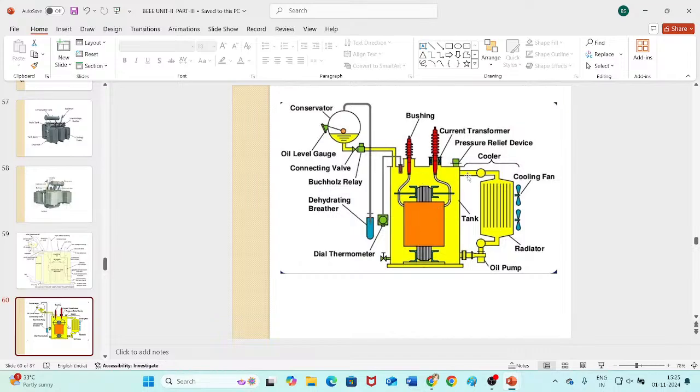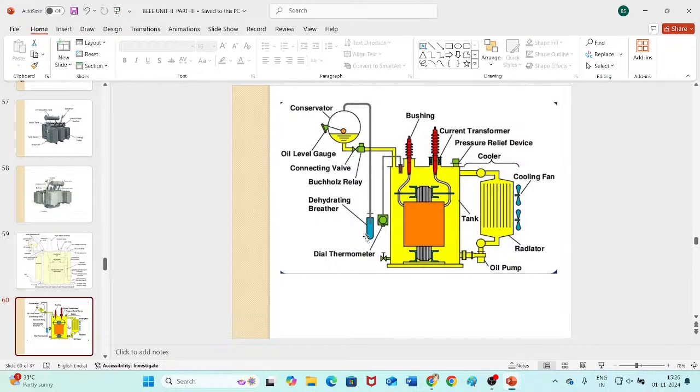Whenever the oil level increases and the oil expands, this breather breathes air in, and it will try to cool the oil. But it won't allow any moisture to enter into the transformer oil. It will allow the air to be absorbed into the tank, so that it will help the heat in the oil to get away.